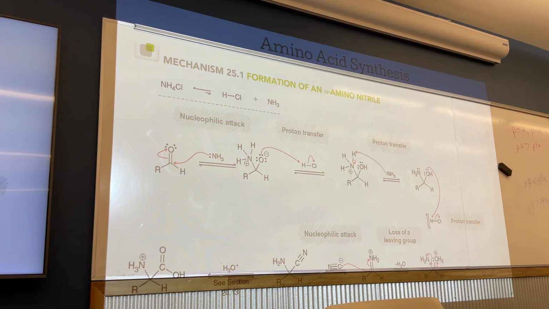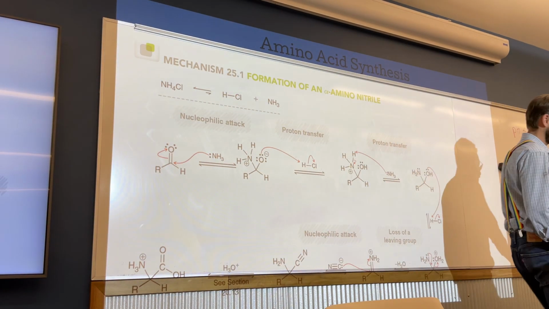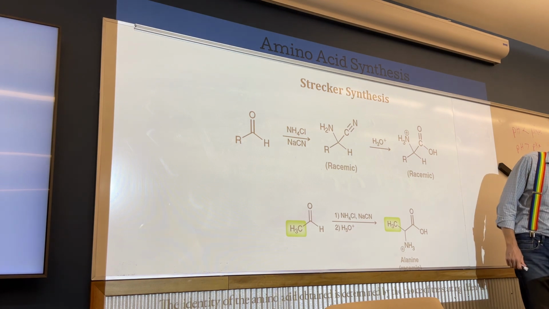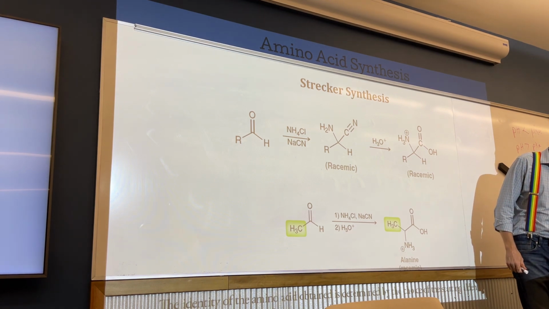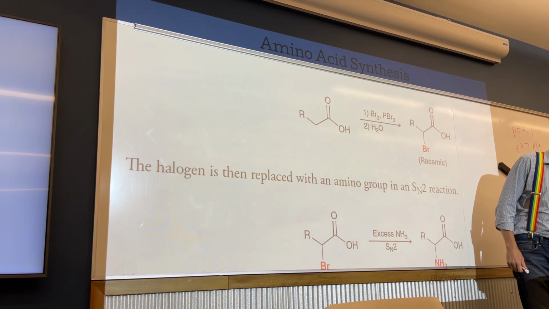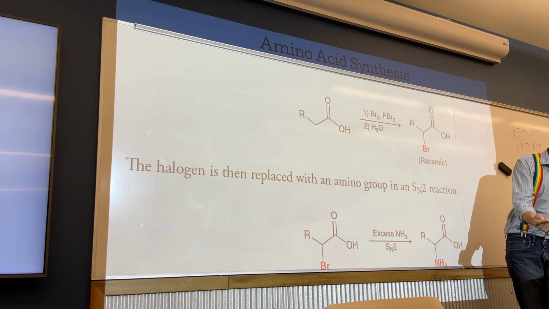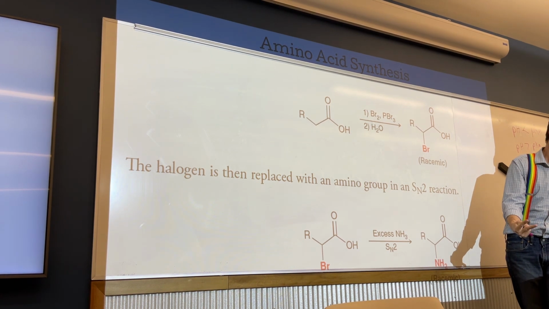From that, we can then take the nitrile and reduce it to carboxylic acid. Okay. So similar here, and just going through that mechanism. All right. So a couple different ways. We can use halogens, we can use nitriles.